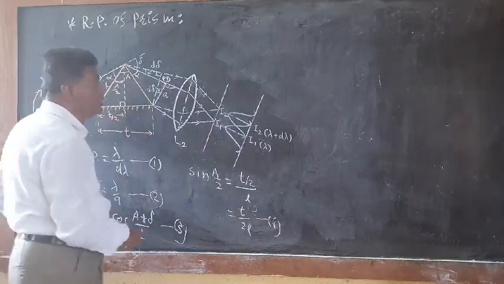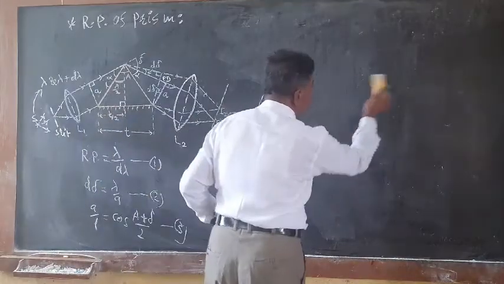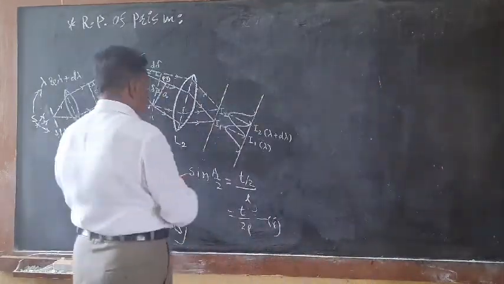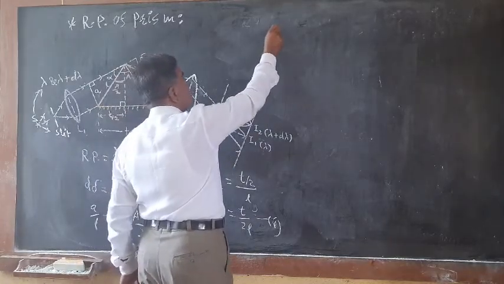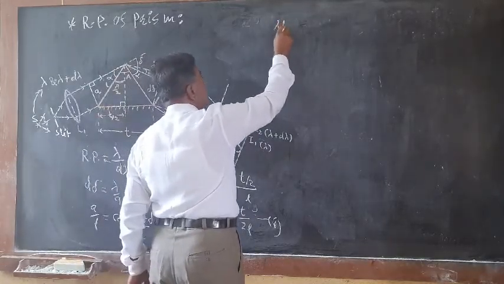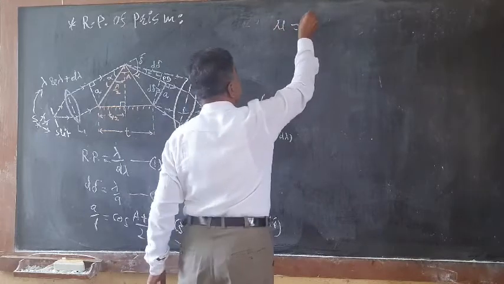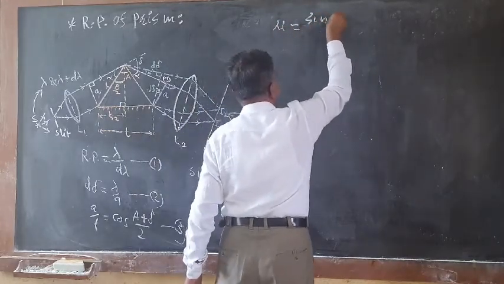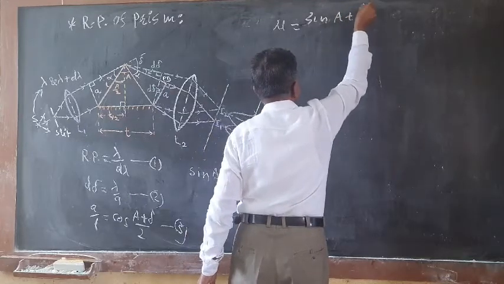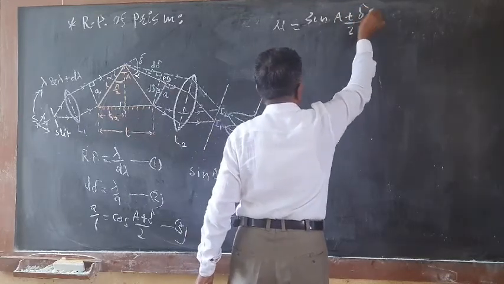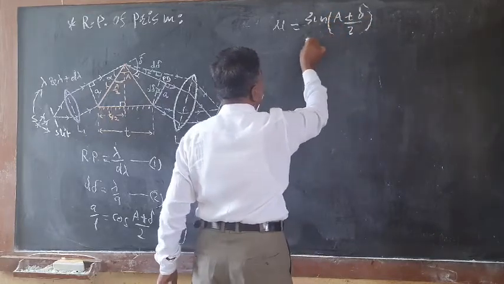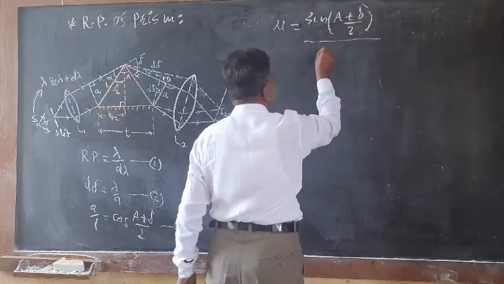Now recall the well-known prism formula: mu, the refractive index of the prism, is equal to sin of (A plus delta) divided by 2, whole divided by sin A by 2.